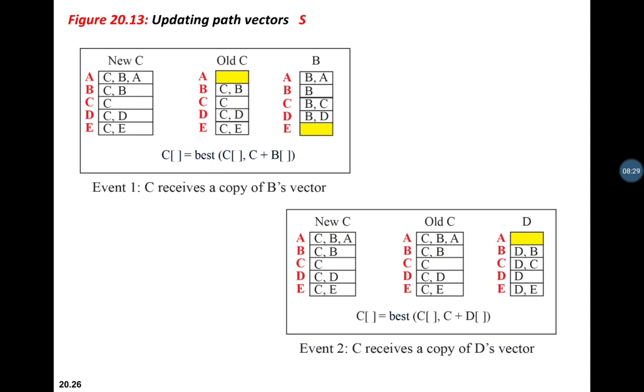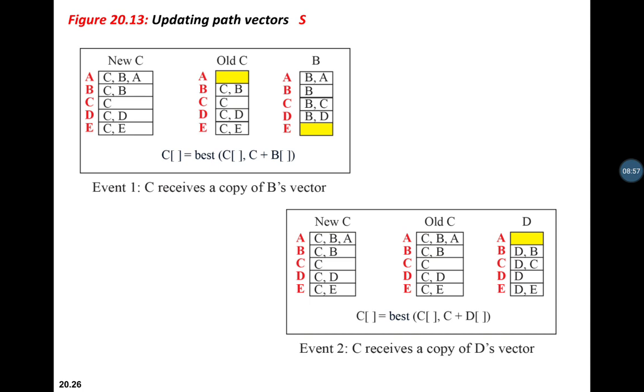Next, second event, we can see that C receives a copy of D's vector. When it gets D's vector, it will get to know that here also we have the old C, where we have CBA, CB, CD and CE. Now, here what is done is the best of C and C plus D is considered.